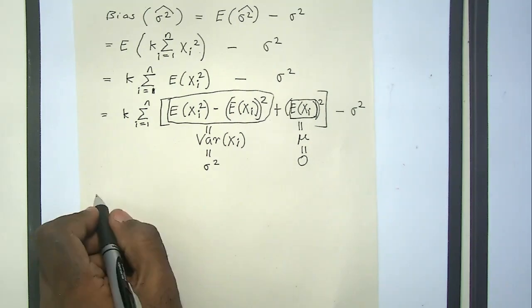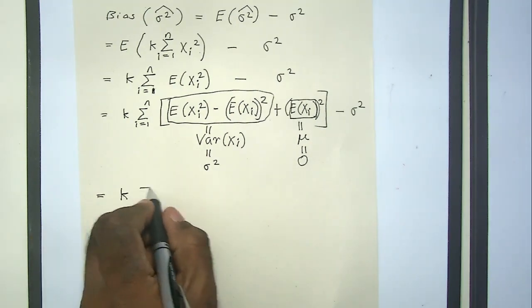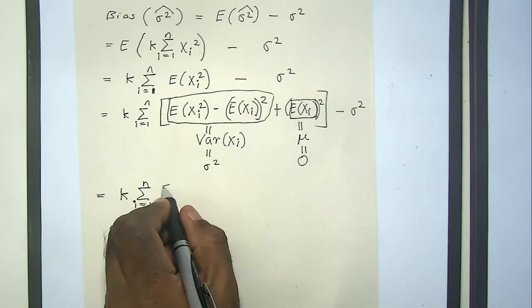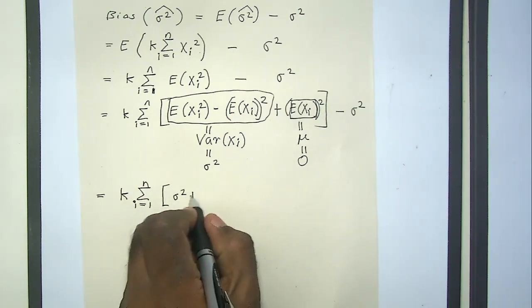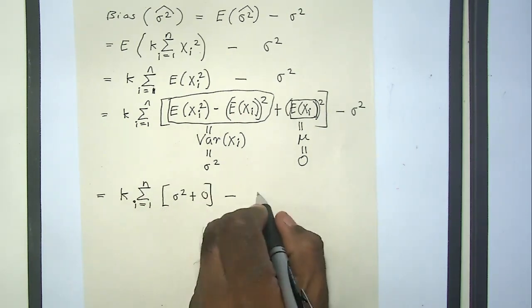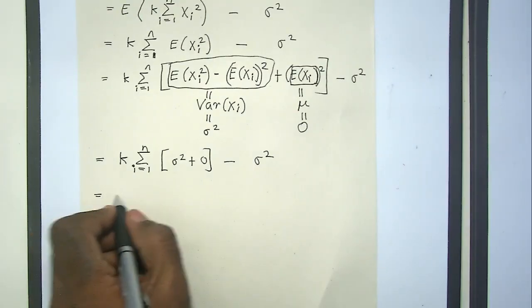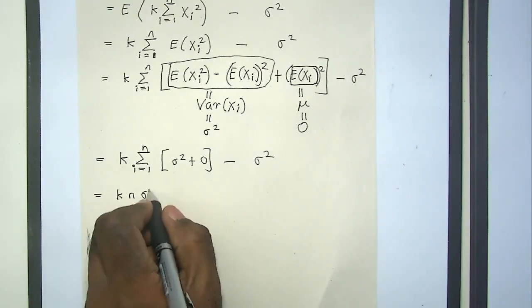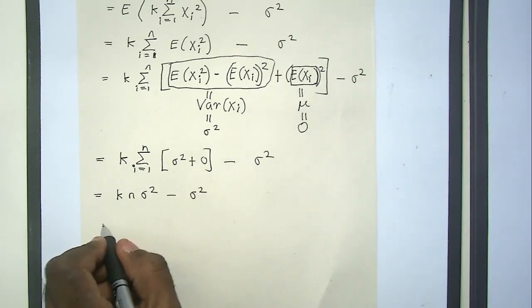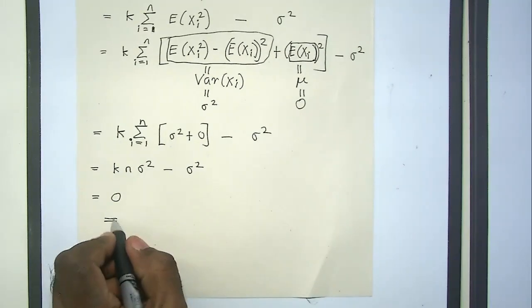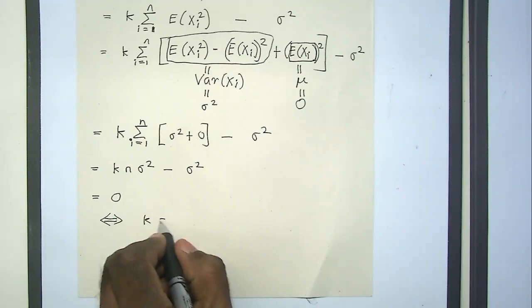Okay, so this becomes k times sigma squared plus 0 minus sigma squared. All right, so this is k n sigma squared minus 0, and this is 0 if and only if k equals 1 over n.